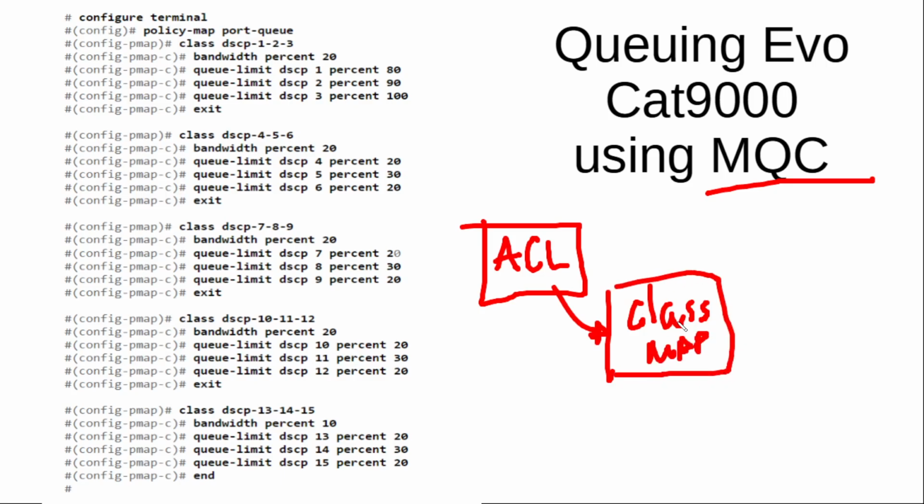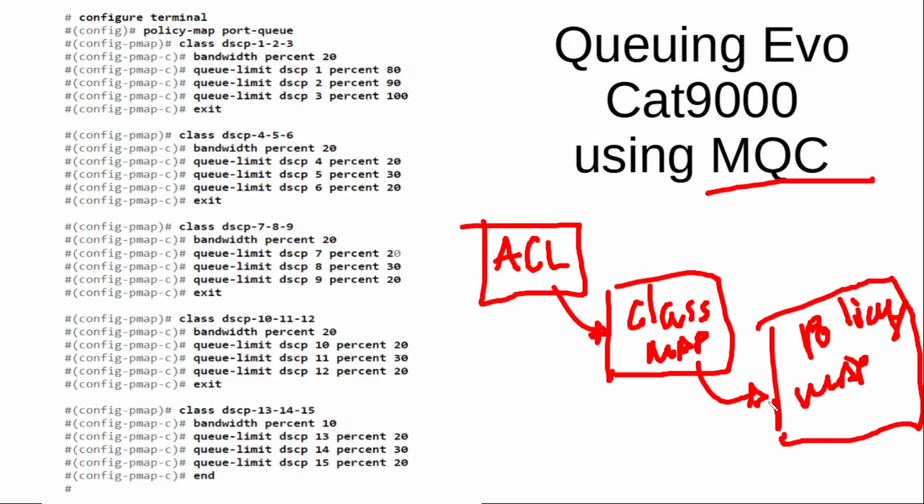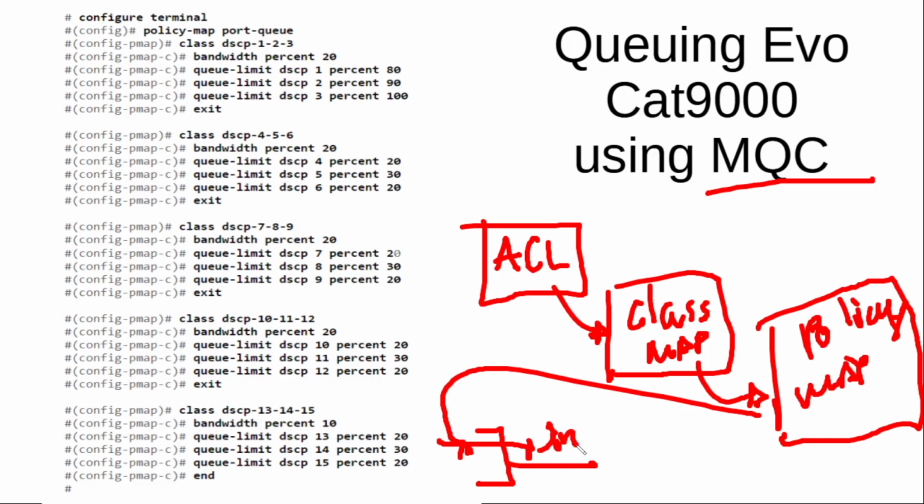Then when you build these class map blocks, you can create your policy map block that references one of several class maps, and these class maps will reference one or many ACLs. Then you can apply this policy map to an interface of your switch for ingress traffic or for egress traffic.